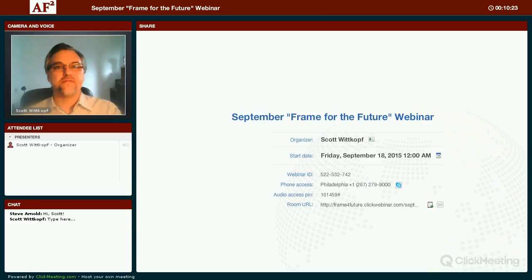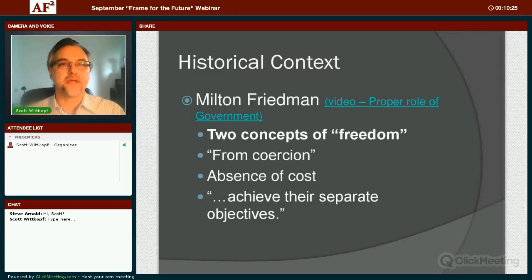So there you have kind of economic context, historical context also, about this idea of the role of government. And it's important to remember, as we'll revisit in a minute here, that Milton Friedman was the key economic advisor to Ronald Reagan.